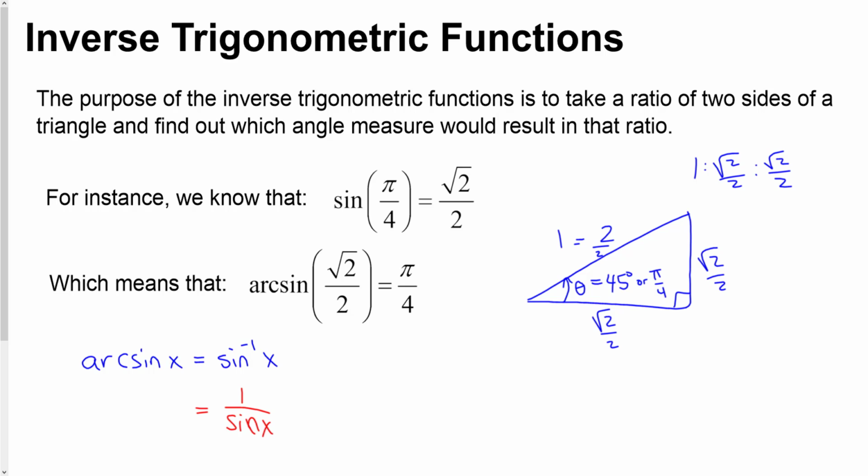But that's not the case, because that would technically be cosecant, and the arcsine is not the same thing as cosecant. So it's kind of an unfortunate way that the expression of this type of function meshes with other mathematics. So if you see arcsine, arccosine, arctangent, sine to the negative 1, cotangent to the negative 1, any of your functions written this way, we're talking about an inverse trig function.